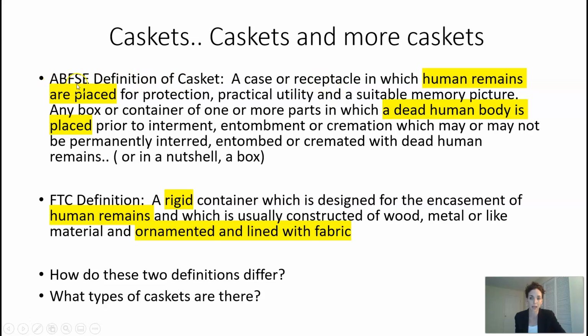One of the suggestions I have is using this as an example up here. This is the ABFSE, or the American Board of Funeral Service Education definition of a casket. It's a pretty wordy definition, as you can see here. It would be silly of me to try to get you to remember that entire definition.